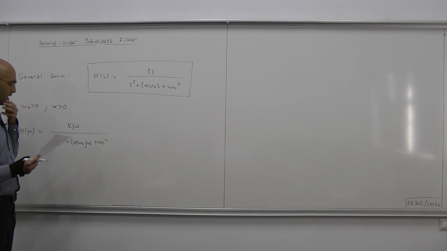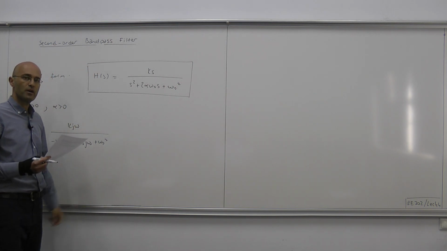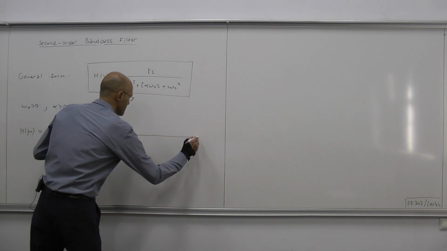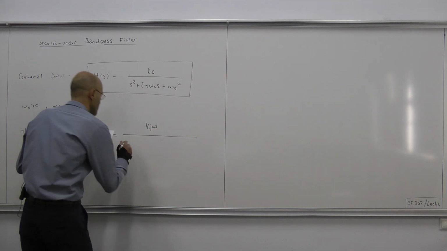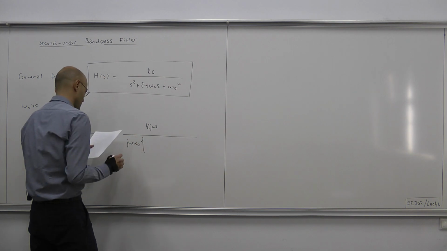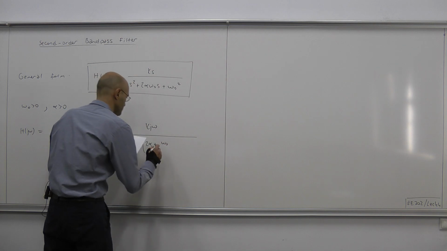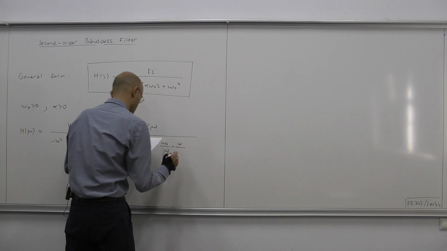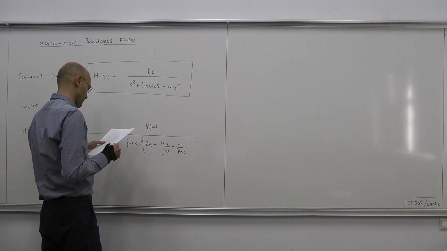Okay, now let's reorganize this expression so that it becomes easier for us to see certain things. First, allow me to write the following: k j omega over omega 0 multiplying 2 alpha plus omega 0 over j omega minus omega over j omega 0.